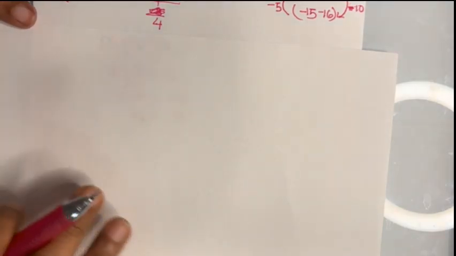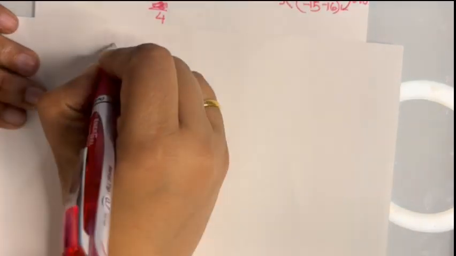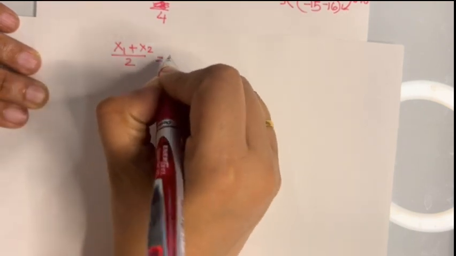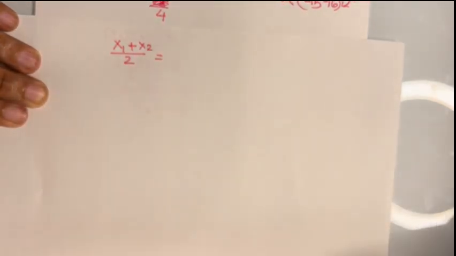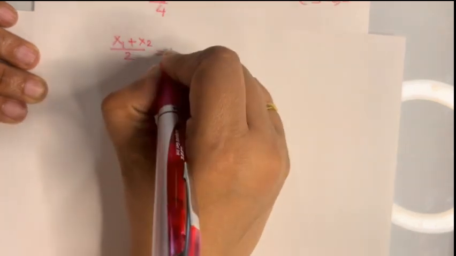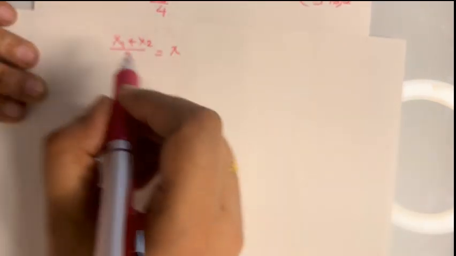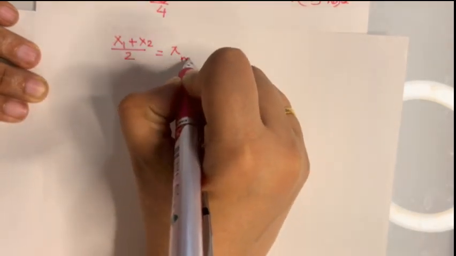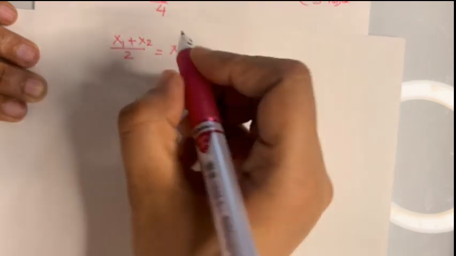You can also use the midpoint formula. The midpoint formula is x sub 1 plus x sub 2 divided by 2 equals the x value of the midpoint.